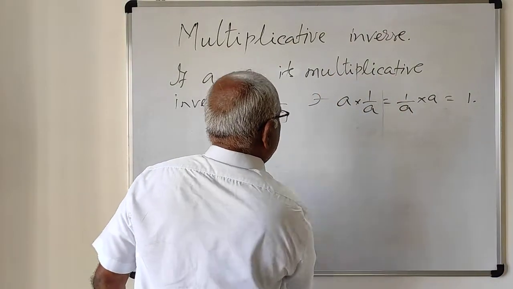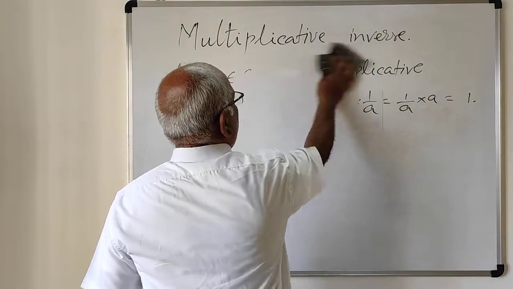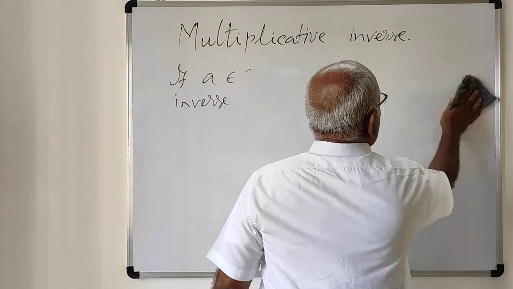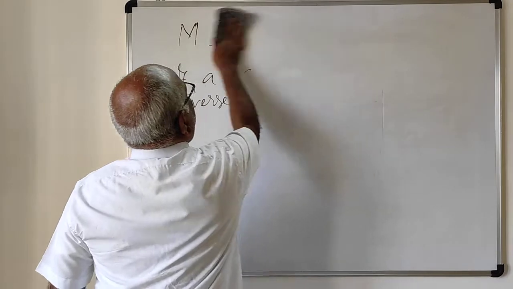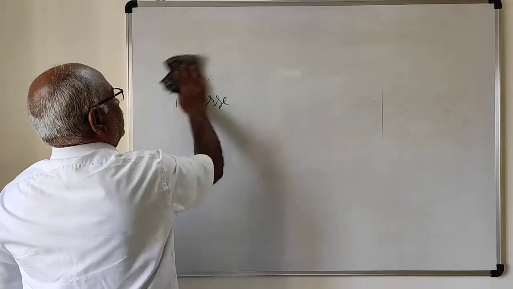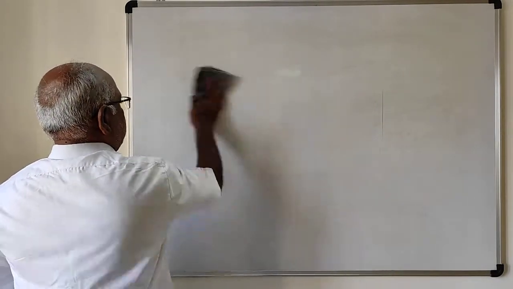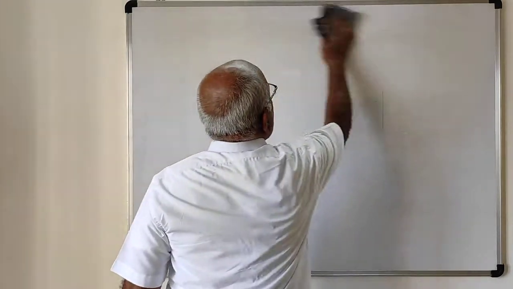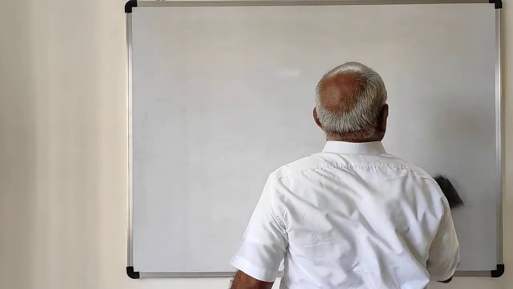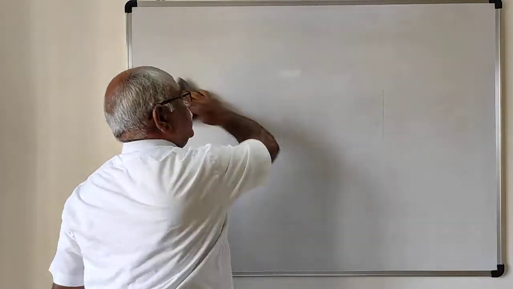Now I am going to prove one theorem. In an algebraic structure, the identity element exists and it is unique. That is the theorem.